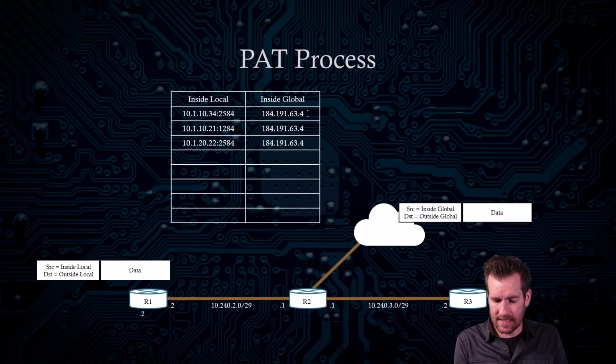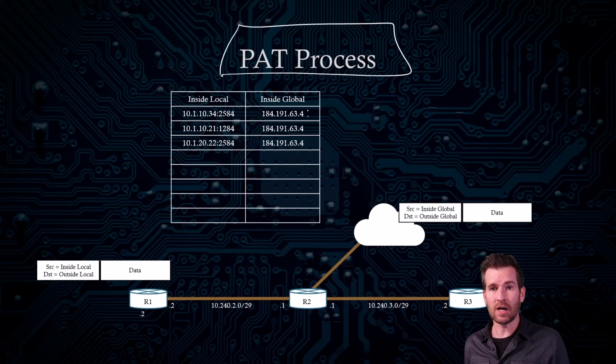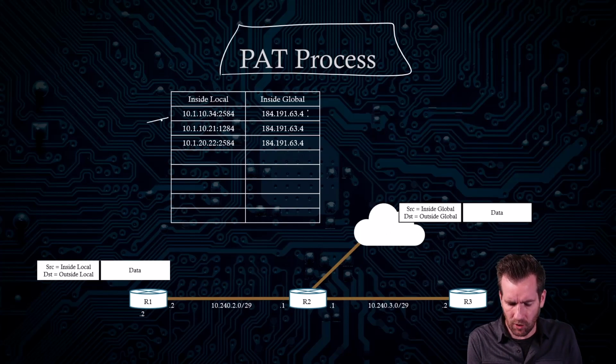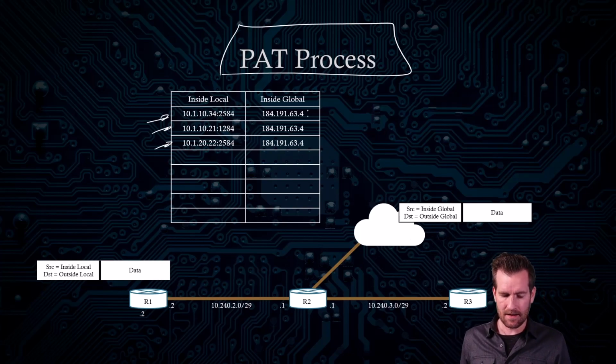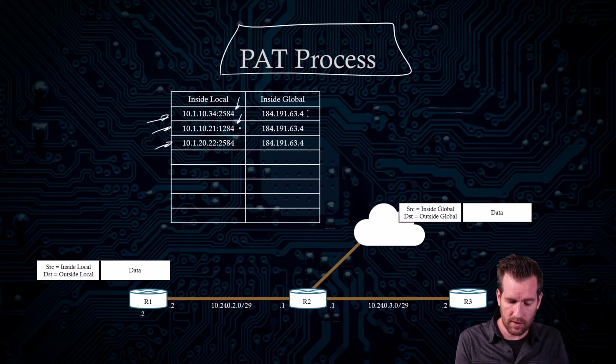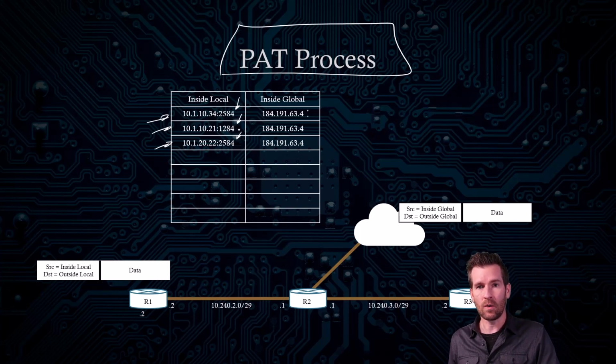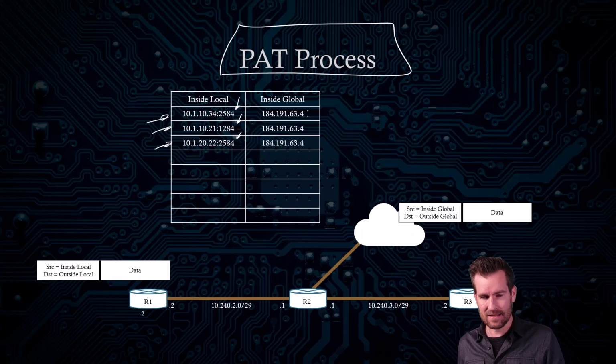Let's take a little deeper dive into this PAT process. So here I have several machines that need to be translated. We take a look at this, and they all have different IP addresses because they're coming from different machines. They have some sort of ephemeral port attached to it. We defined the ephemeral port in a prior class, so I'm not going to get in depth into it, but essentially it was randomly generated, this port right here.